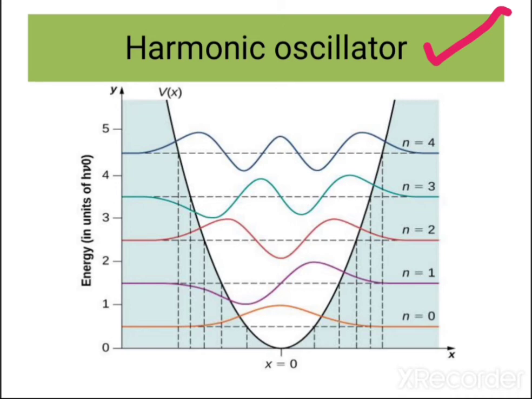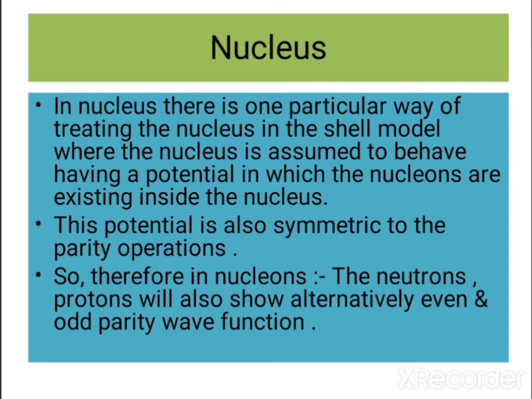So here is the diagram of the harmonic oscillator, and similarly in the hydrogen atom and in the atomic nucleus, you will find the same even-odd parity, the alternating behavior of symmetric and anti-symmetric. In the nucleus, there is one particular way of treating it, the shell model, where the nucleus is assumed to have a potential in which the nucleons exist inside the nucleus.